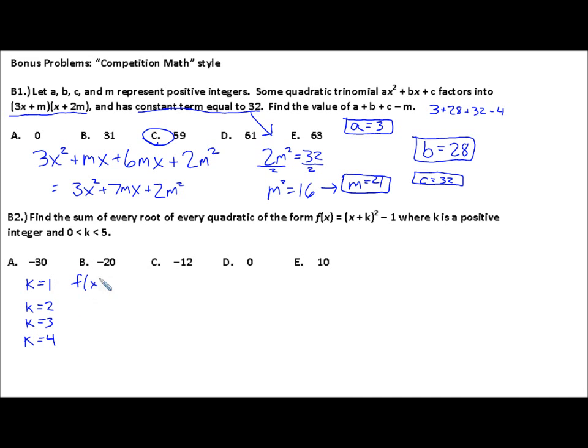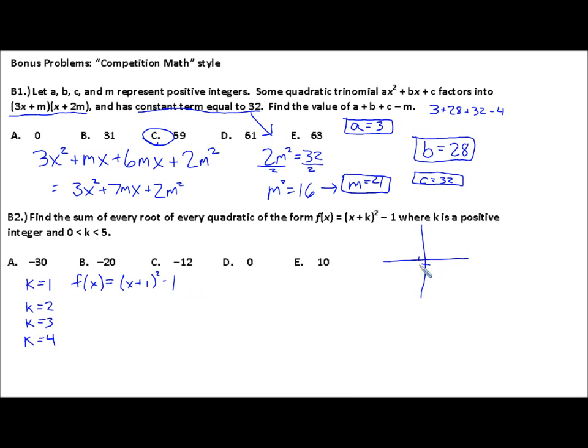So look, if k were 1, then my function f of x is x plus 1 squared minus 1. And that's the best way to find the roots of these or to graph. If you look at this equation here, think of it as the parent quadratic function, and it's shifted over 1 unit and 1 unit down.